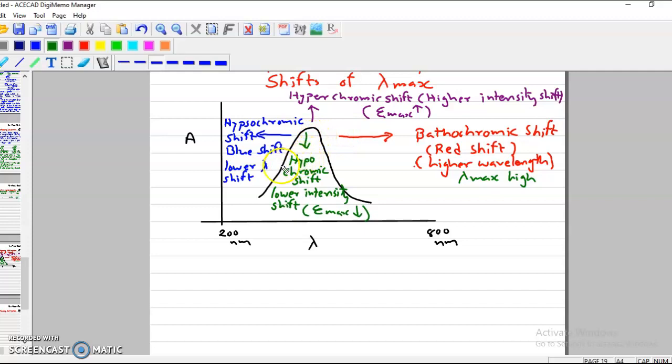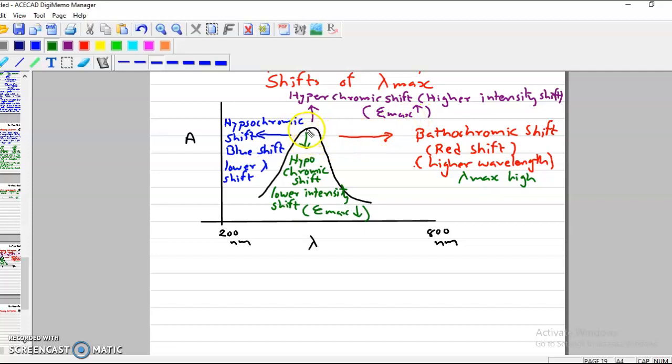The third one is where the height of the graph increases because the absorbance increased, and that is called hyperchromic shift or higher intensity shift, in which epsilon maxima will be high.